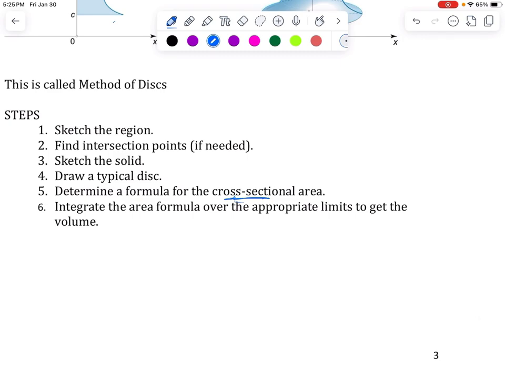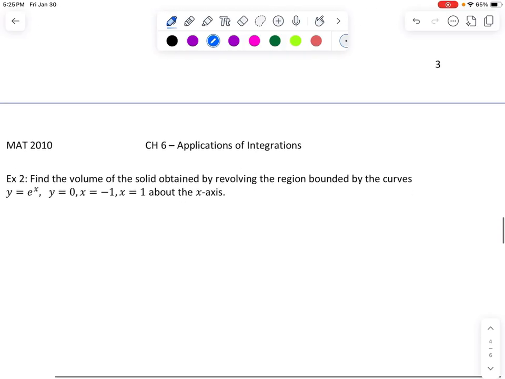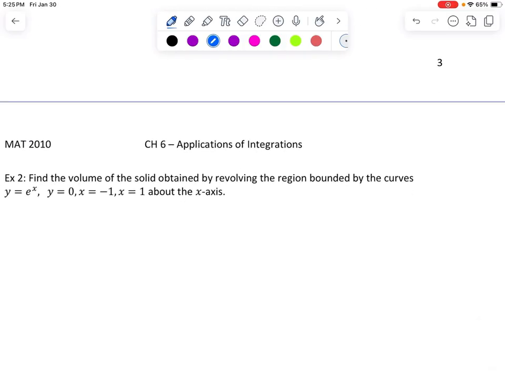So let's look at the first example here. It says find the volume of the solid obtained by revolving the region bounded by the curves y is equal to e to the x, y is equal to 0, x is equal to -1 and x is equal to 1 about the x-axis. I would always try to graph the function, so first I will draw or sketch the region. What region are we talking about?